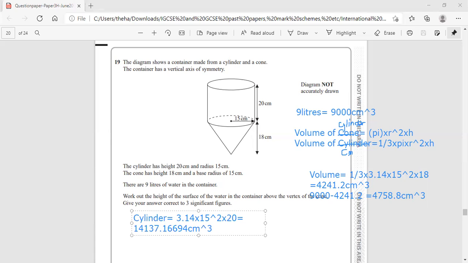Okay, that's the volume of the cylinder.